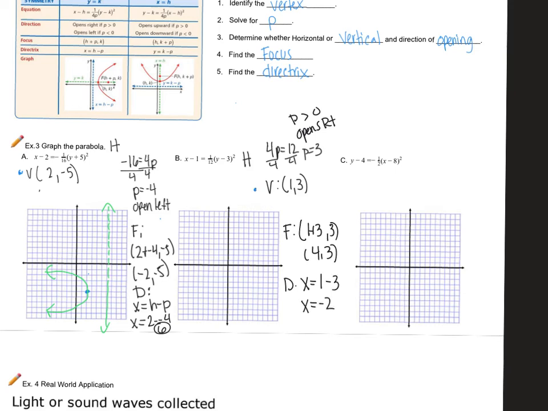So let's plot my vertex, which is at 1, 3. Let's go ahead and plot my directrix, which is x equals -2. And this opens to the right.